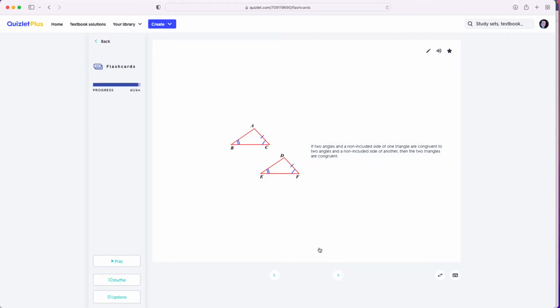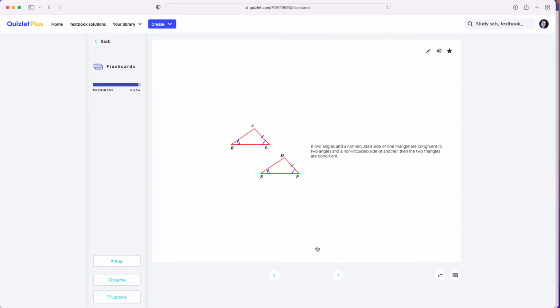If 2 angles and a non-included side are congruent to 2 angles and a non-included side of another, then the 2 triangles are congruent. And that is the angle angle side postulate, and it is only called angle angle side postulate because of the order here. If you have 2 angles and a side that are the same, basically, if you have 3 things that are congruent within a triangle, whether they're angles or sides, then both of the triangles are congruent. That's just a fact. 3 things get you there, right?